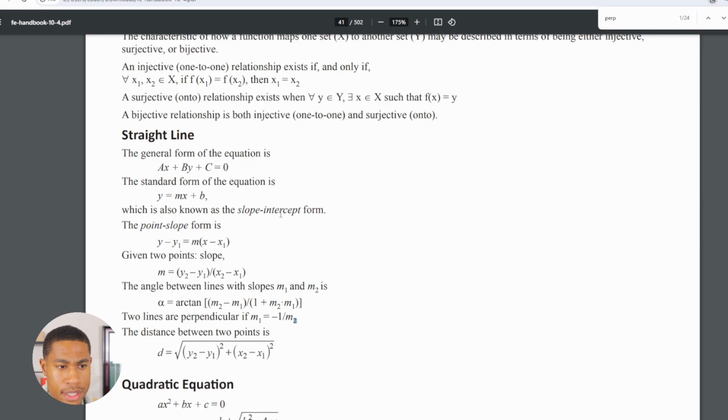So you also have point slope form where you have y minus y1 is equal to the slope times x minus x1. What they may do is ask you to put a certain equation in point slope form, and they give you maybe a point. So they give you y1 and x1, and you need to find maybe the slope of it or whatever the case is.